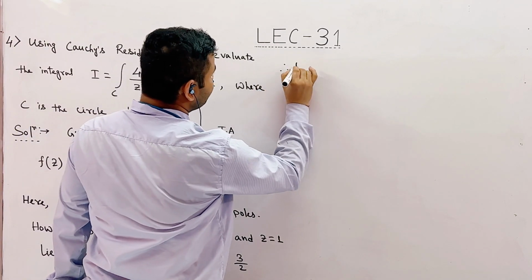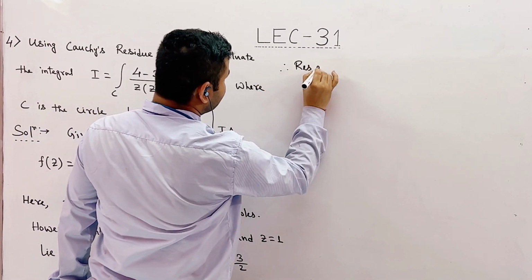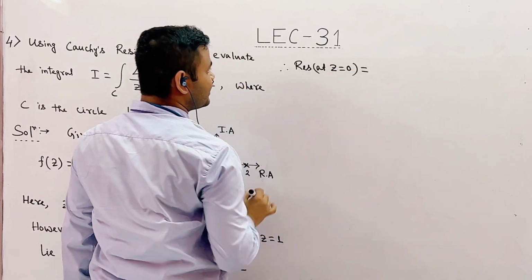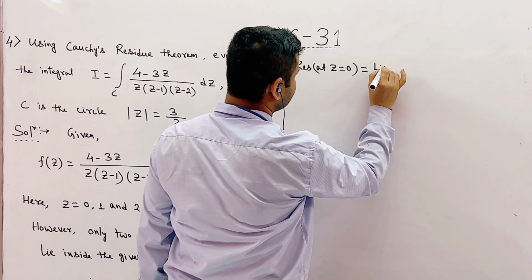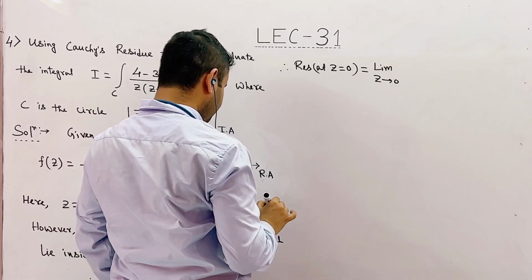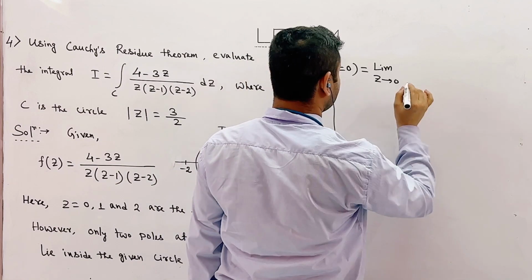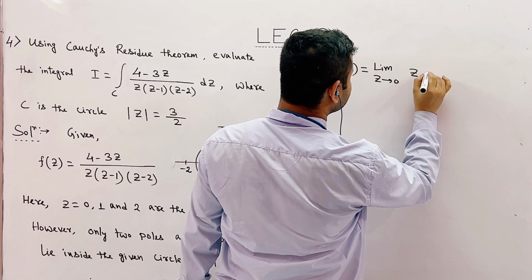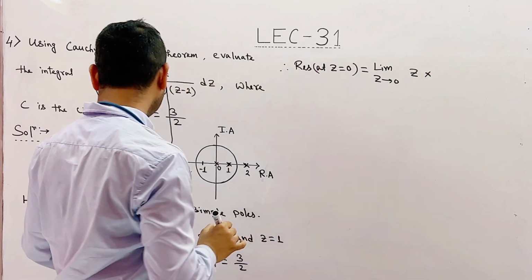So therefore, residue at z equal to 0 is given by limit z tends to 0 of (z minus 0), that means z into f of z.